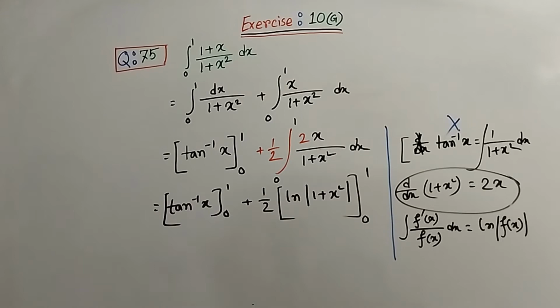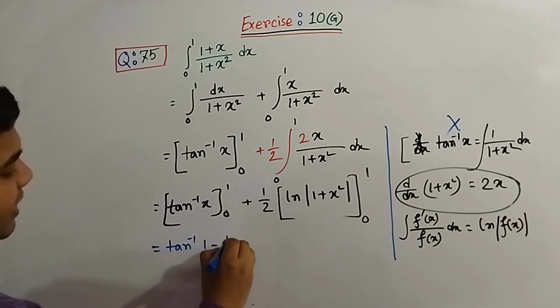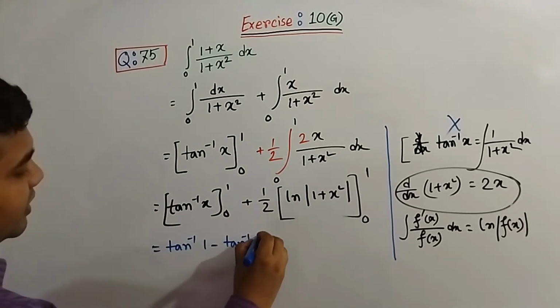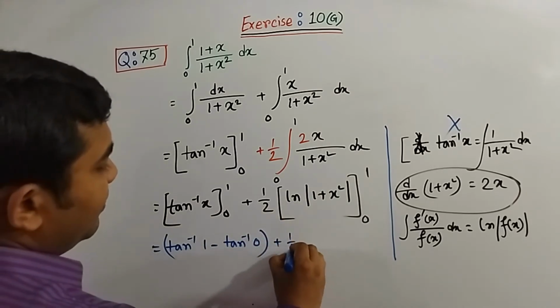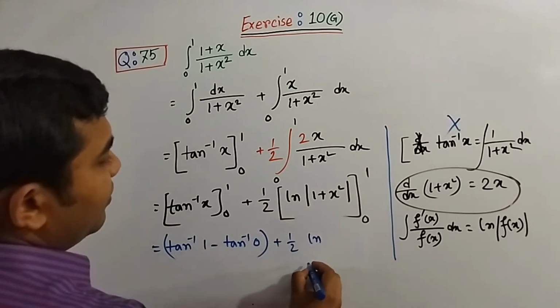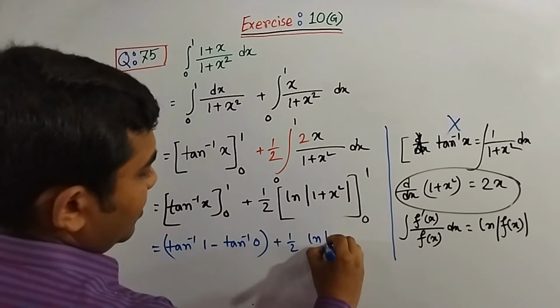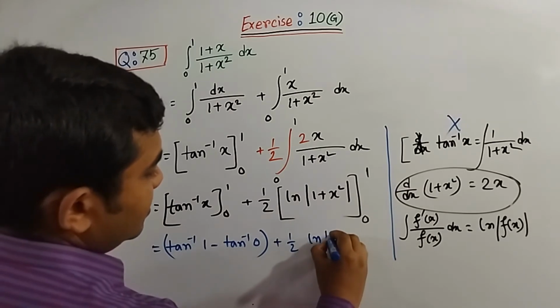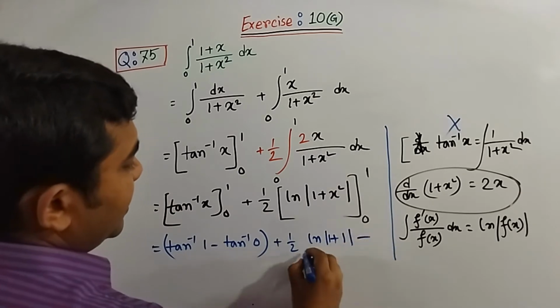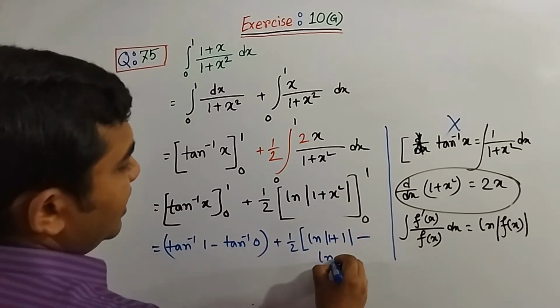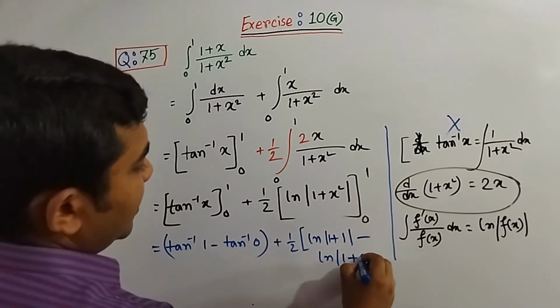So what we have found, after putting this value in here, we'll get tan inverse 1 minus tan inverse 0, and here we'll get half ln of 1 plus 1 square, that is 1, minus ln of 1 plus 0.